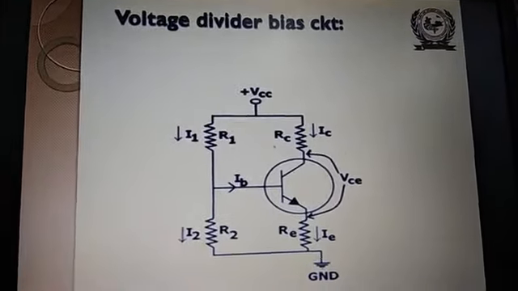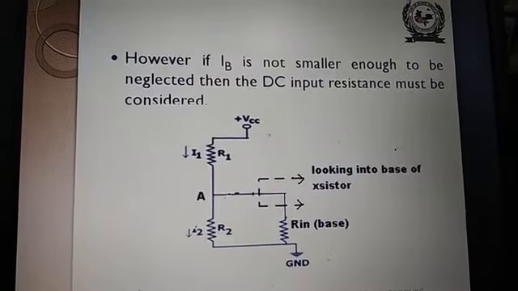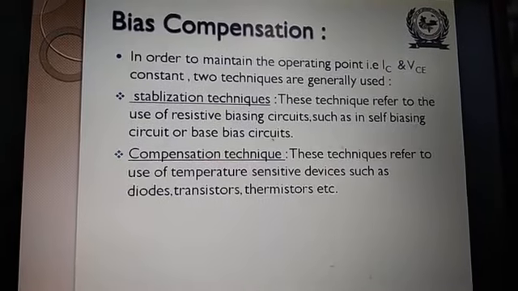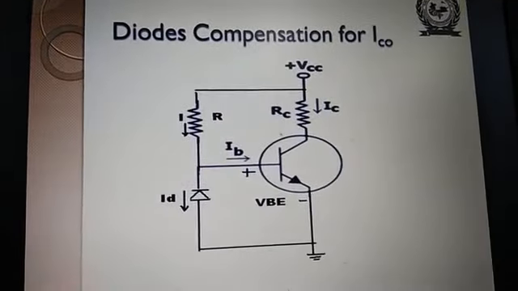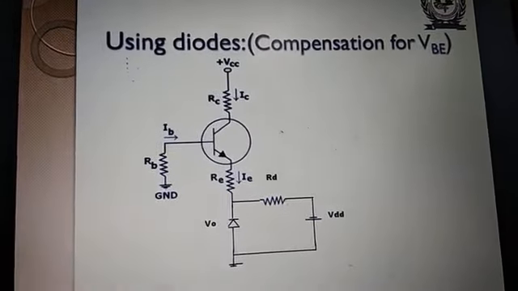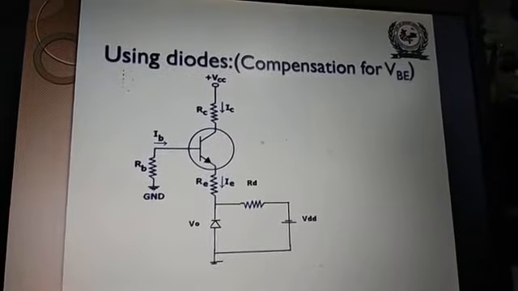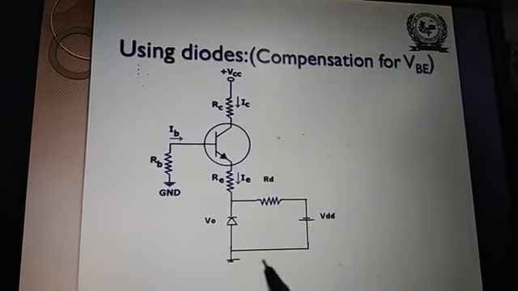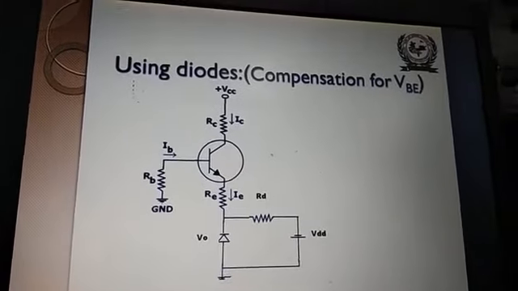So, what we need is to compensate this circuit. Here you can see, I have already shown this compensation technique. This is the compensation for the VBE, base to emitter voltage. This base to emitter voltage will be compensated by this diode.